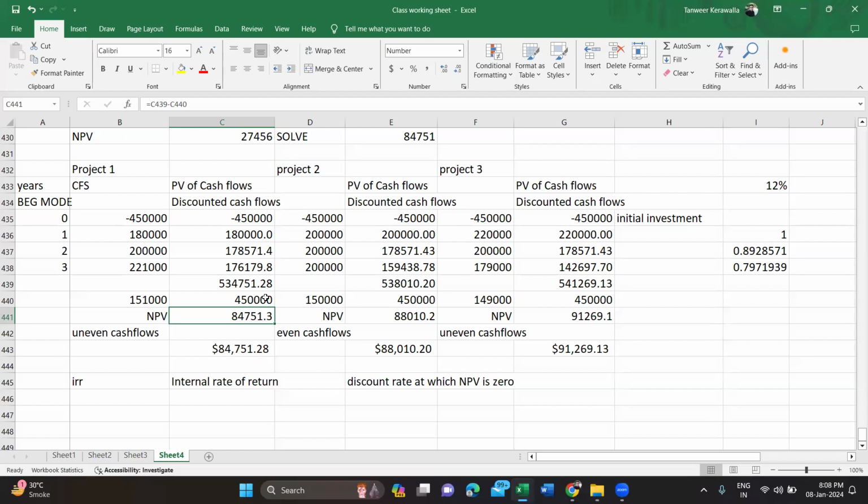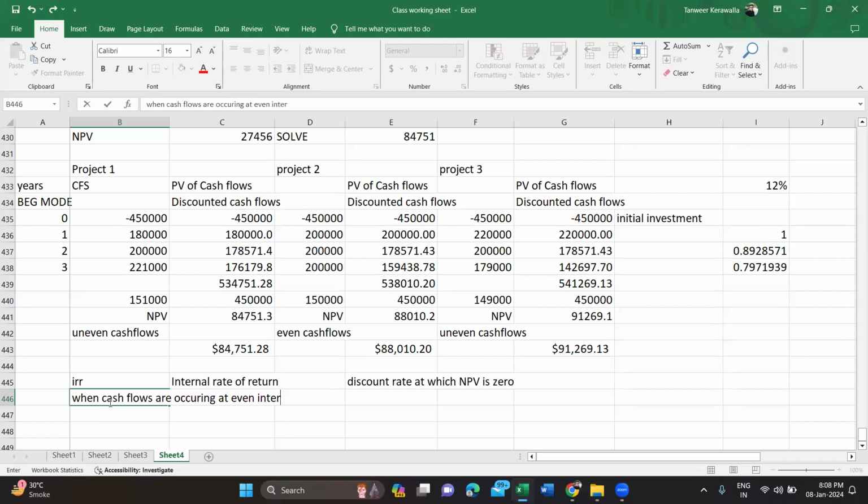IRR formula is very simple. But first of all, when can you use the IRR formula? When cash flows are occurring at even intervals.